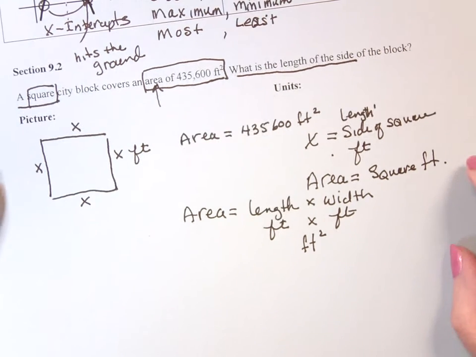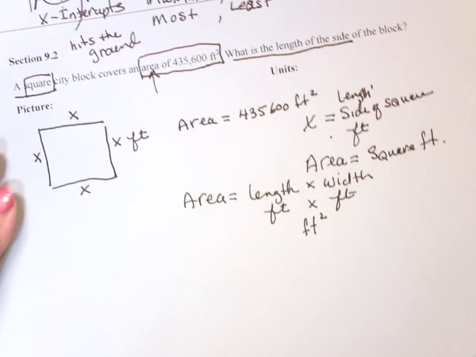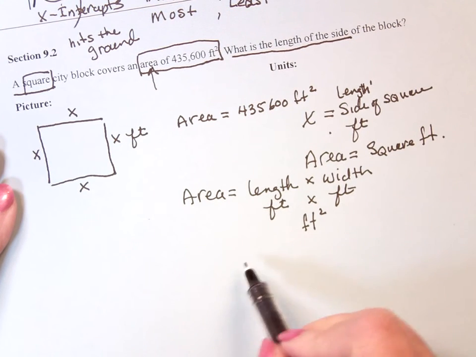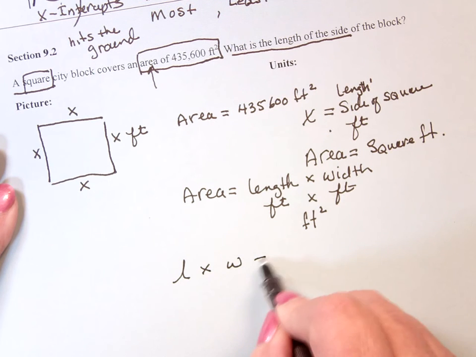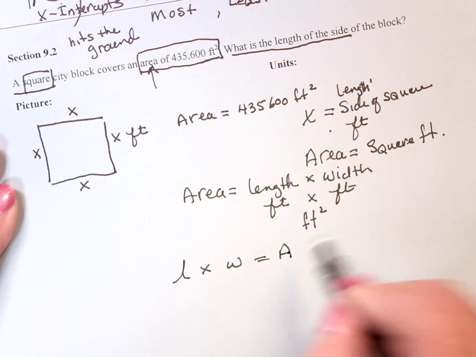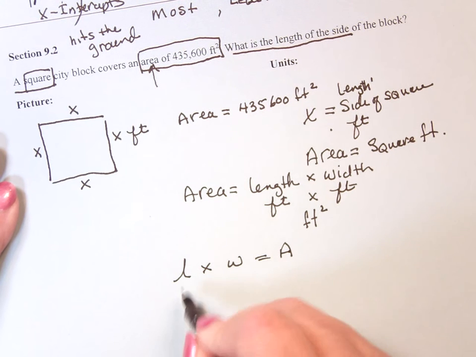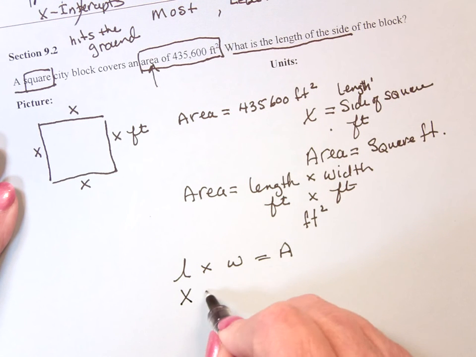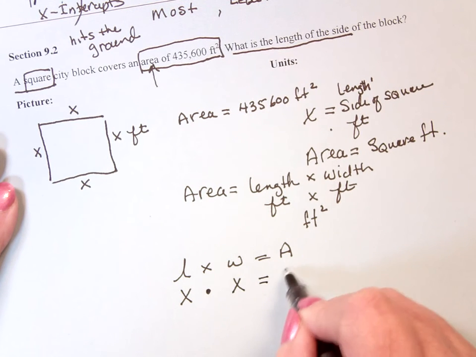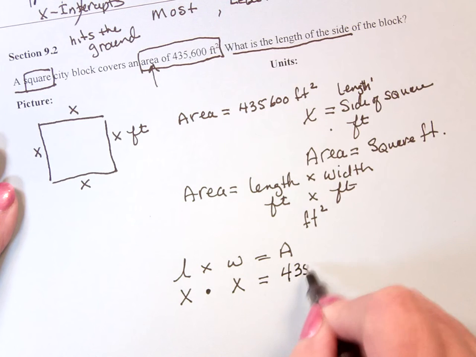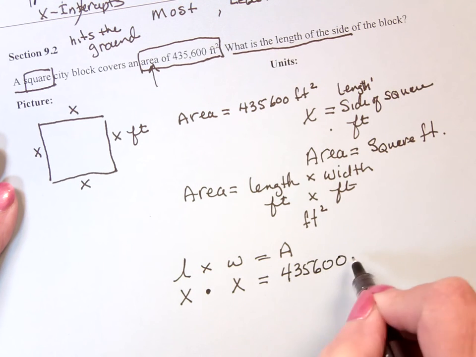So we now have the equation for the problem. If I know that length times width equals area, the length of the square is X, multiplied times the width of the square is X, and the area is 435,600.